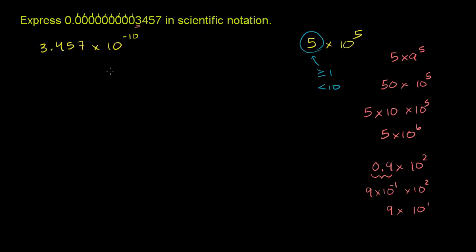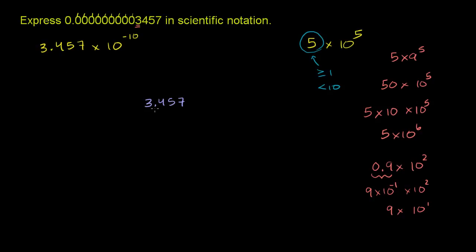And the reason why this makes sense is when you multiply something by a negative power, you shift the decimal over to the left. Let me write it this way. Start with 3.457. And when you multiply it times 10 to the negative 10, you're going to shift the decimal to the left 10 spaces. So if you shift the decimal to the left 10 spaces, what do you get?